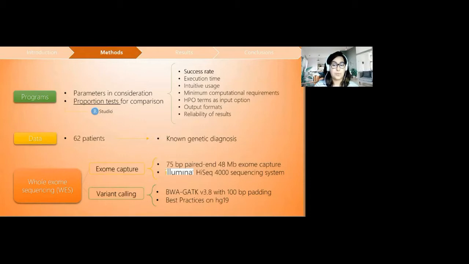We used proportion test to prove statistical significance in software comparison using RStudio. The whole exome sequencing process was conducted on an Illumina HiSeq 4000 sequencing system, and variants were called with 75 base paired end, following best practices on human genome 19.